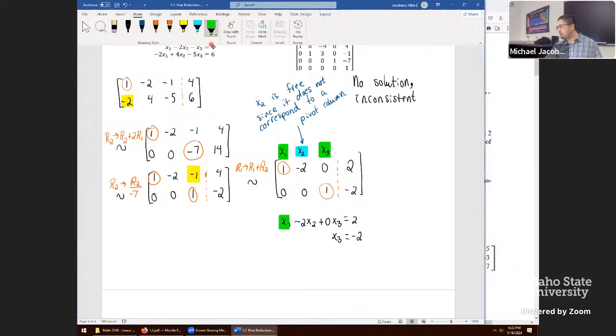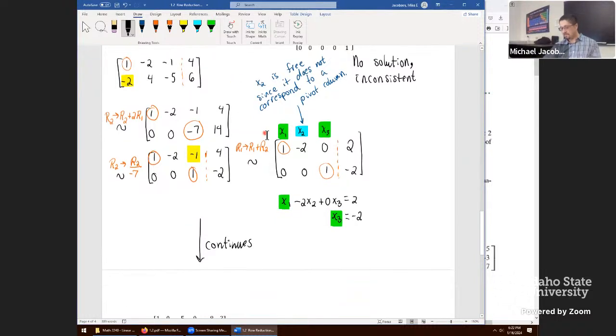So we need to solve for x1 and x3. Like we said, x1 is the only thing we need to worry about. x3 is already finished. So here is finally our general solution.